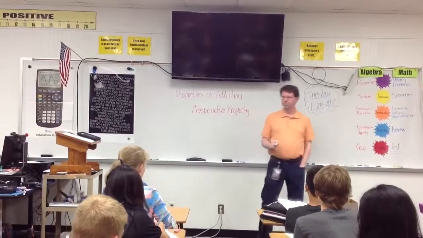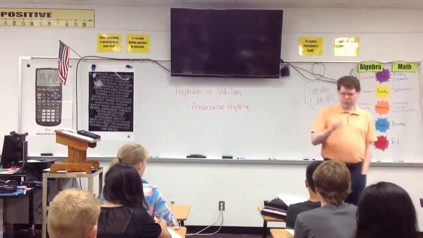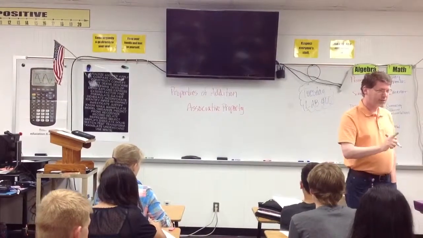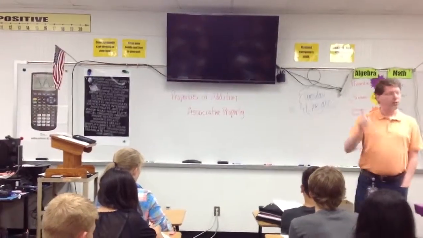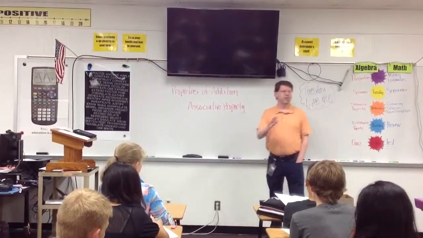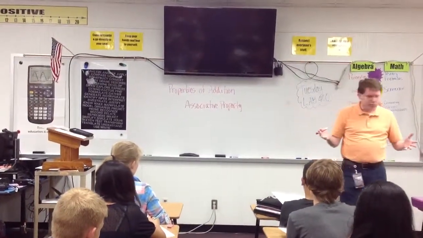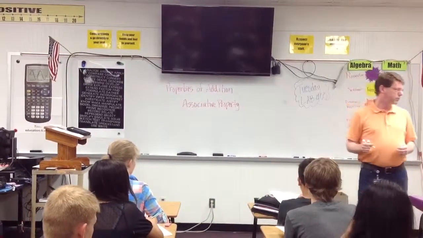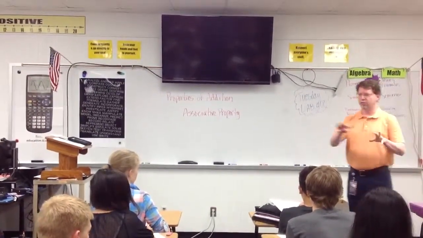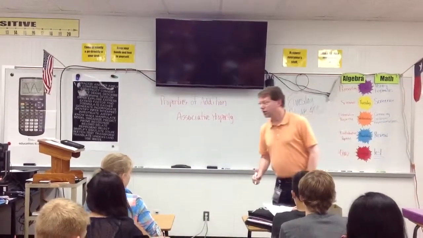You must use at least 5 letters to abbreviate the associative property. What is the root word of associative? Associate. What does it mean to associate? When we're talking about people, it means to talk with a group. Exactly.